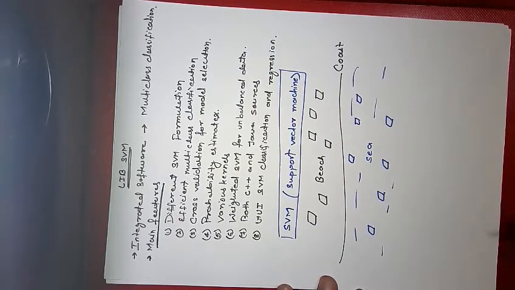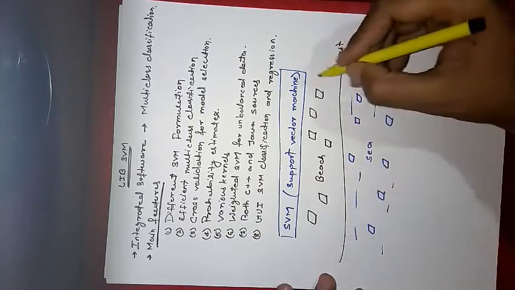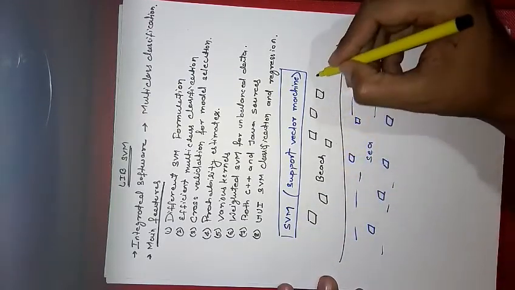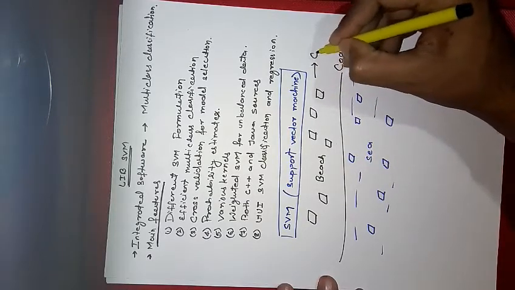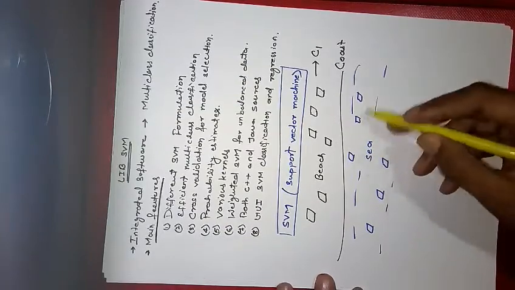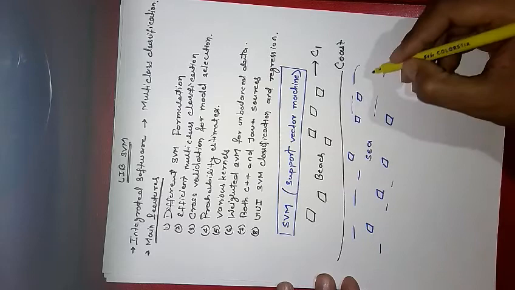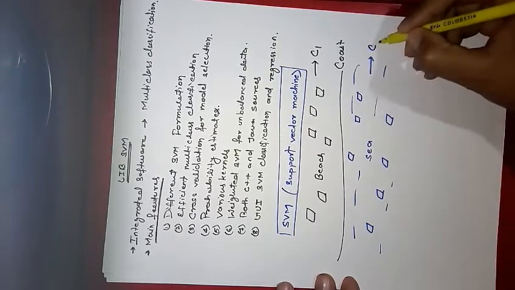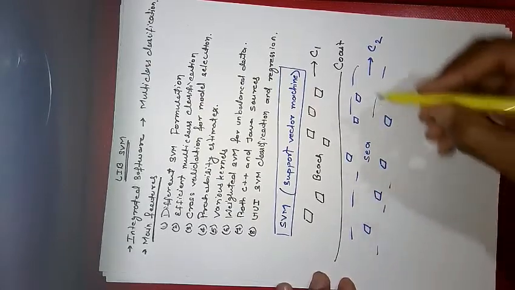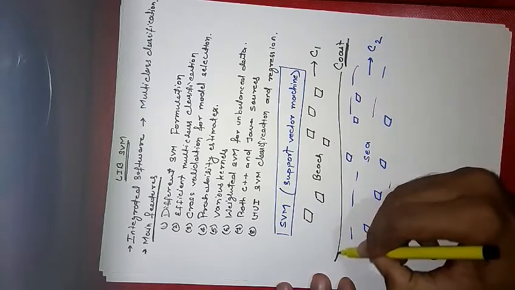So we can say that the houses located at the beach are of class C1, and the boats, ships or steamers in the ocean belong to class C2. In this situation, this is the coastline of the beach.